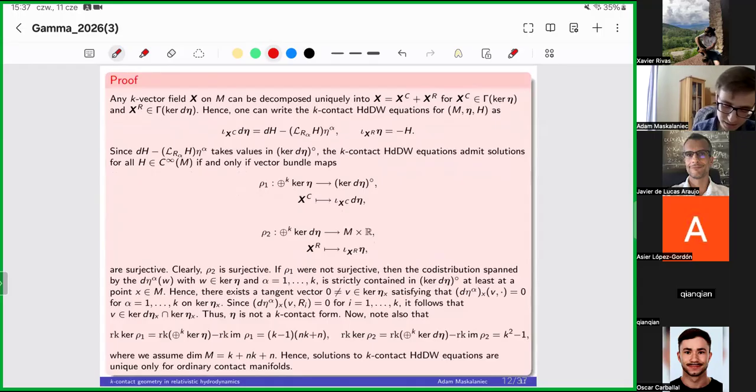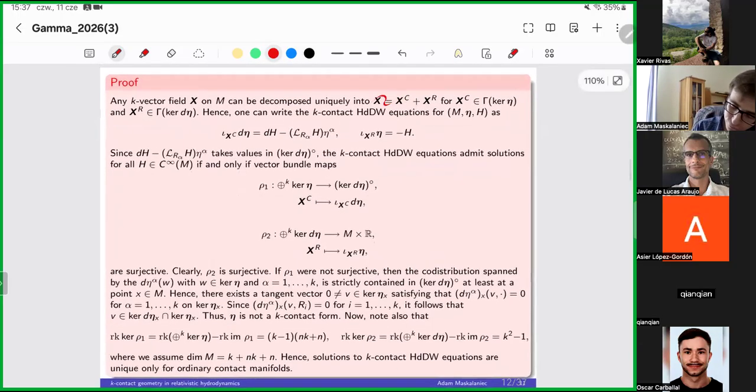So since our manifold M is indeed a k-contact manifold, then every k-vector field X can be uniquely decomposed into its k-contact part X_C that takes values in this k-contact distribution, and this part X_R that takes values in this distribution, the kernel of d eta, that is called the Reeb distribution.